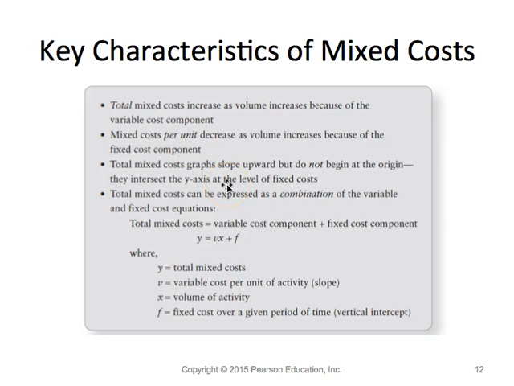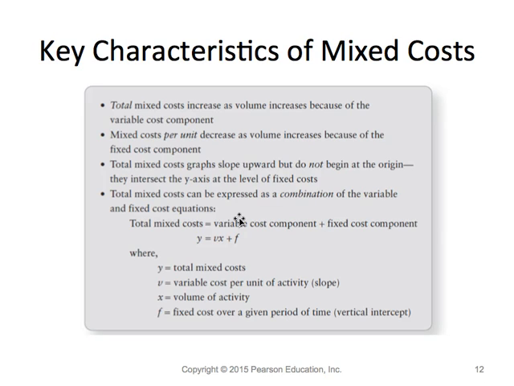We're going to see some numbers, and it's pretty easy to find out. Let's see, we have a $5 cost per chair, and then we have $1,000 as the total fixed cost for the month.